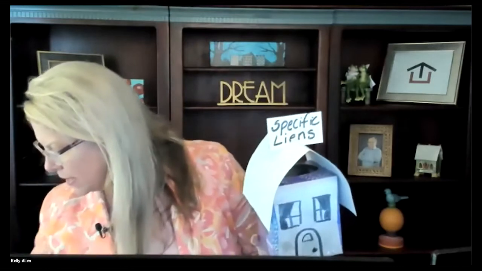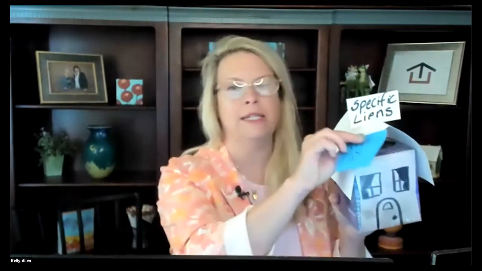Okay, so let's talk about some items that would be considered a specific lien. Let me grab my sticky notes here and we'll show you what that's going to look like. One of the most important specific liens that will attach to your house, and when it attaches to your house, we would say that the lien is appurtenant to the property.